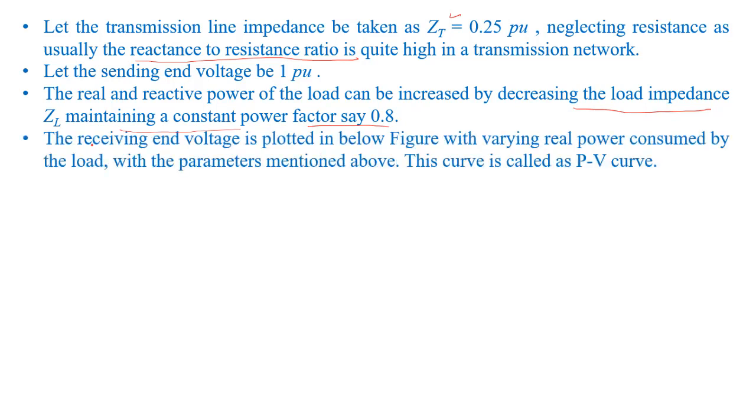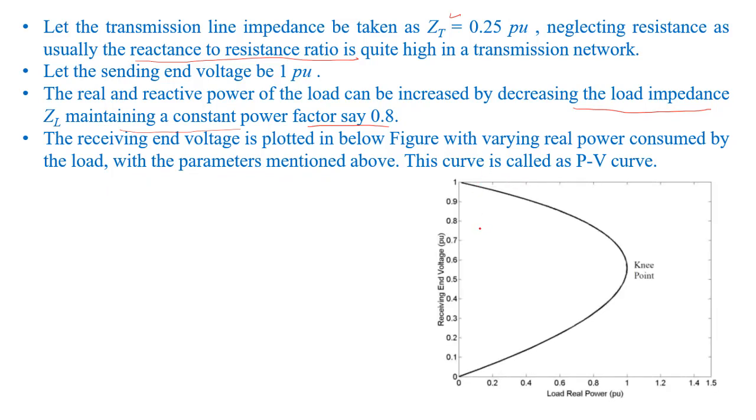So the receiving end voltage is plotted in the figure below with varying real power consumed by the load with the parameters mentioned above. This curve is called the PV curve. You can see here that by increasing the real power load, that means we are decreasing the load impedance, and if we plot this with respect to receiving end voltage, we get this kind of curve.